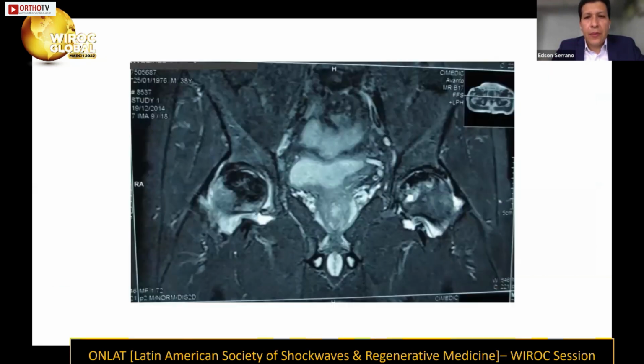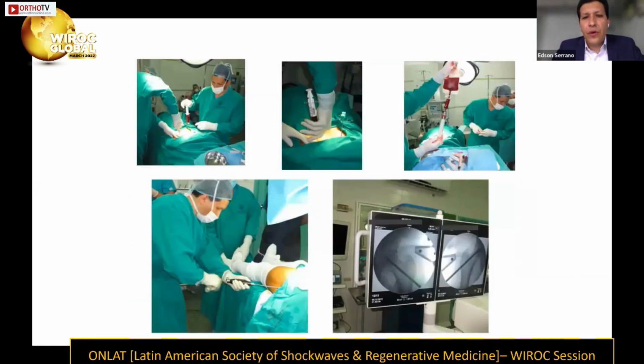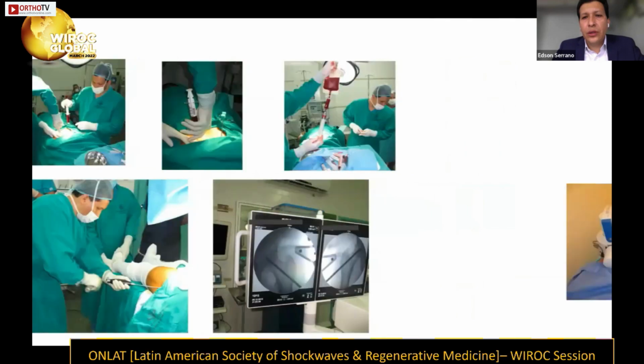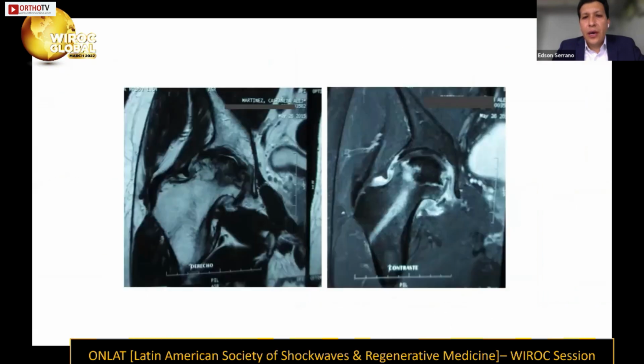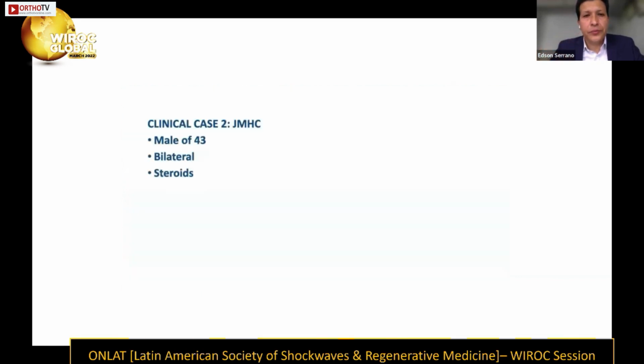You can see the MRI, stage 3 or 4. We performed core decompression and shock waves. This patient had a very clear change of joint degeneration, but has 8 years of follow-up and doesn't want to have a total hip replacement yet.